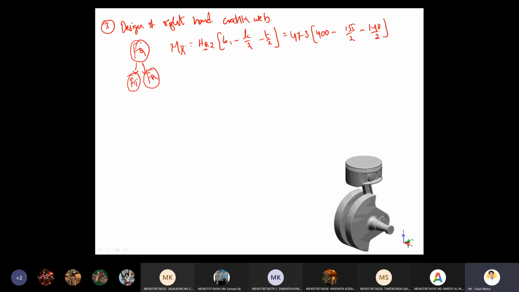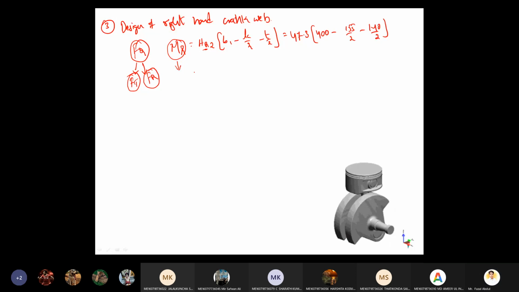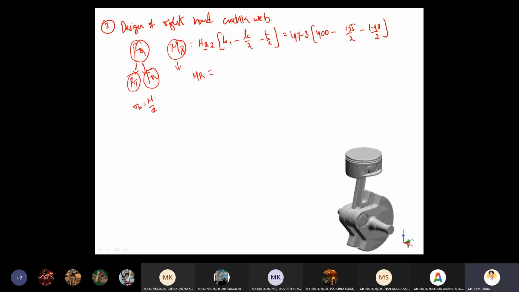Now the basic equation: the bending moment of the rectangular portion, that is MR, from the bending stress equation M by Z. So from this relation, what is MR?